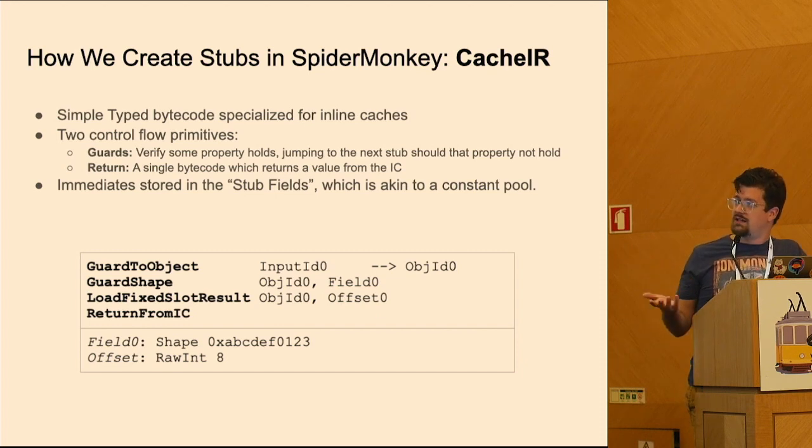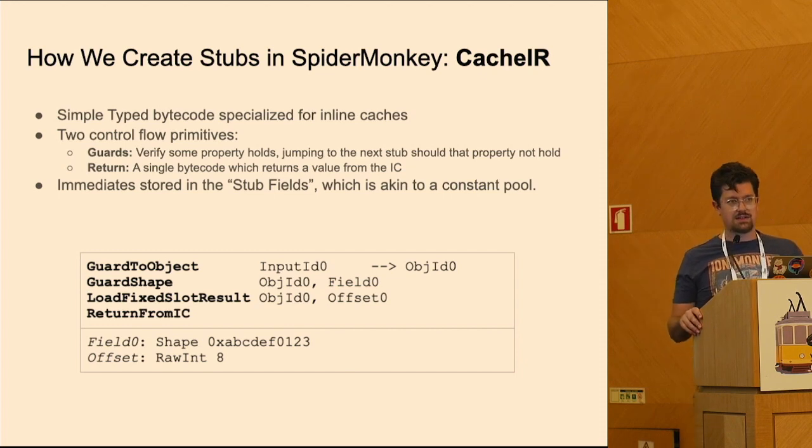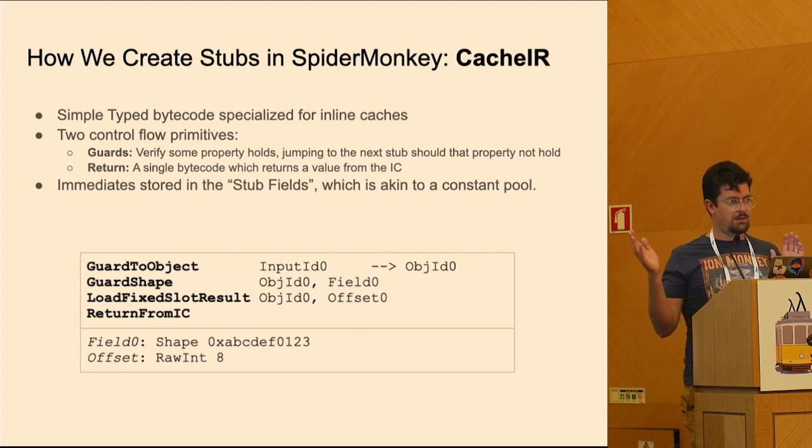If it does, then we're going to load a fixed slot result, and we're going to say get the result out of a particular slot in the object and put it into the result register. And now, once that happens, we're done. So we return.